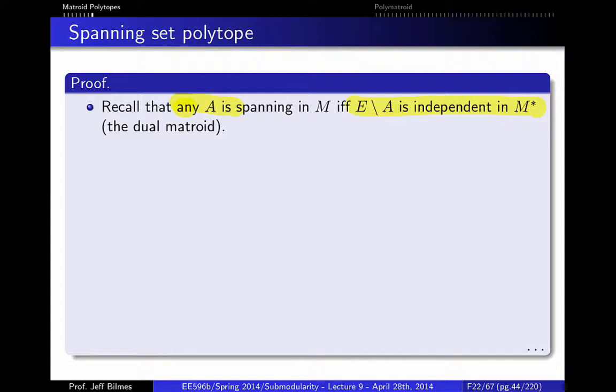I should have said complement. So you're independent in the dual if your complement is spanning in the primal, or vice versa. I'm sure one of those ways was right. Just don't listen to me, just read the slide. No, that's not true. You're spanning in the primal if your complement is independent in the dual.